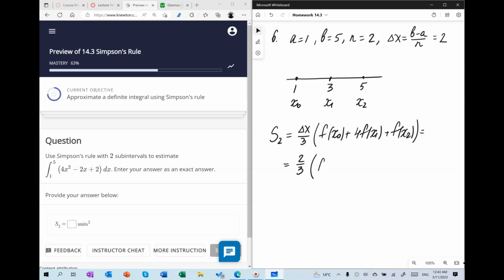So that is f of 1 plus 4 f of 3 plus f of 5. Here I need some help with Desmos.